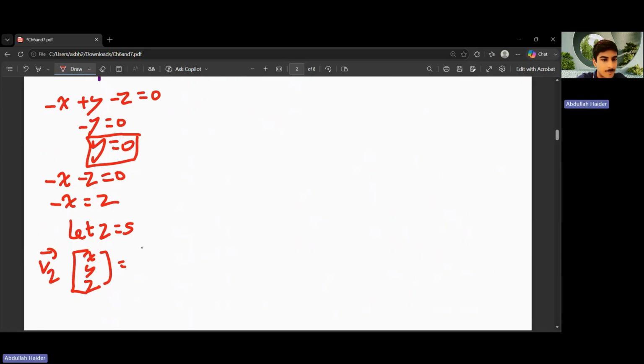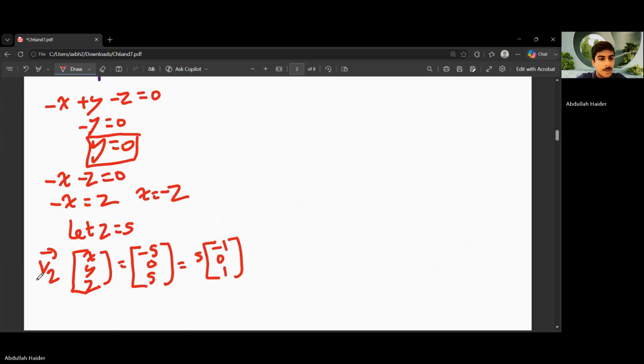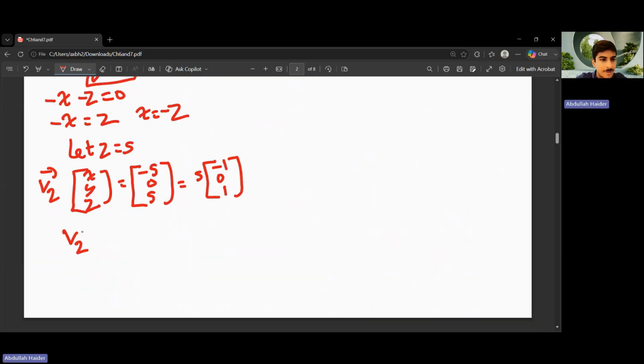Minus x equals z means x equals minus z, which is minus s, and then y equals 0, and z is s. If you take out the s, you are left with minus 1, 0, 1. So your second eigenvector is going to be minus 1, 0, 1.